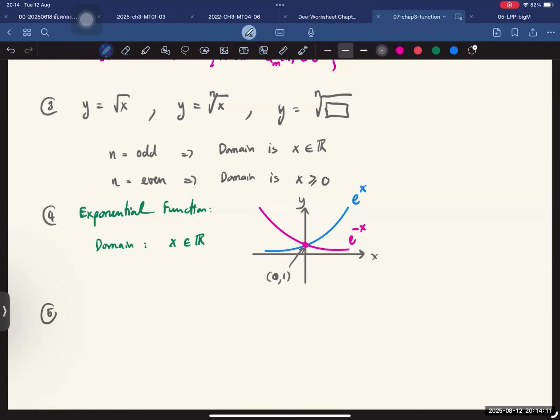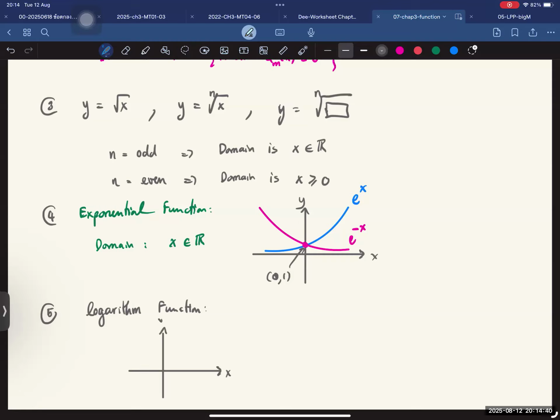The last one that we should consider is the logarithm function. This is the inverse of the exponential function. Maybe we can take a look at the graph of the logarithm.